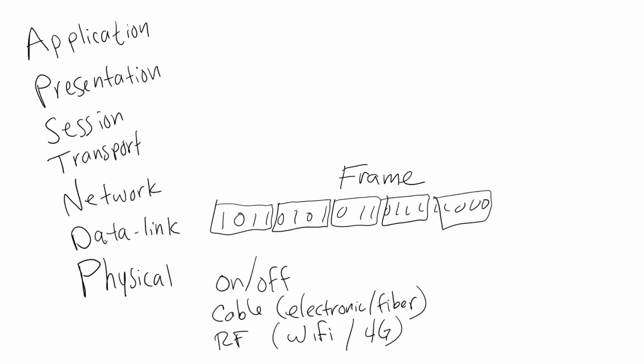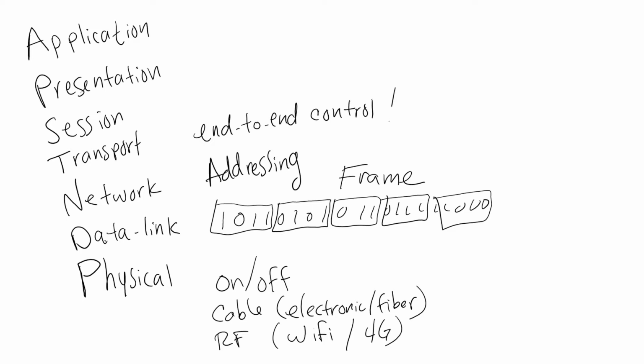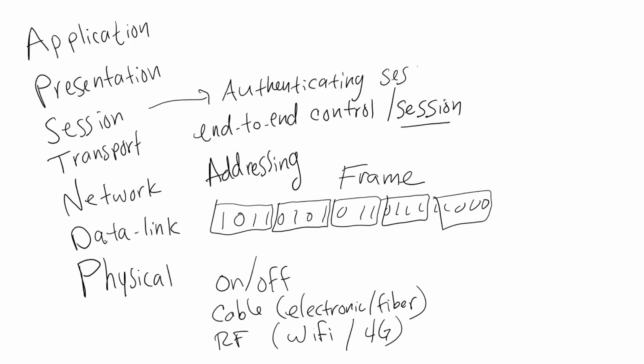At the network layer, we get what we're going to talk about in more depth today, which is network addressing. At the transport layer, we get end-to-end control, also known as a session. And the session layer is in charge of authenticating sessions from the layer below it.